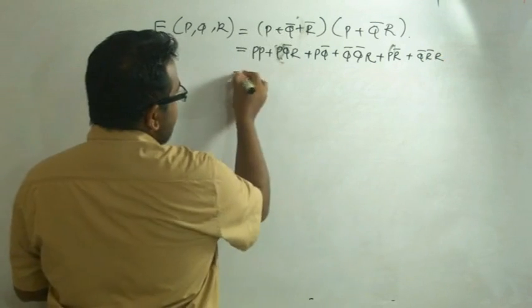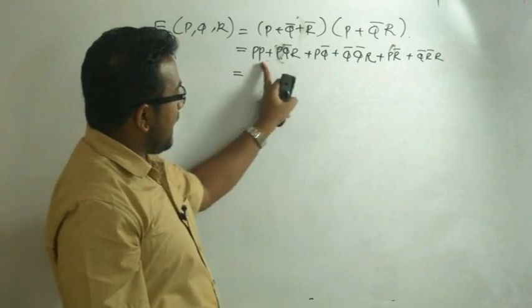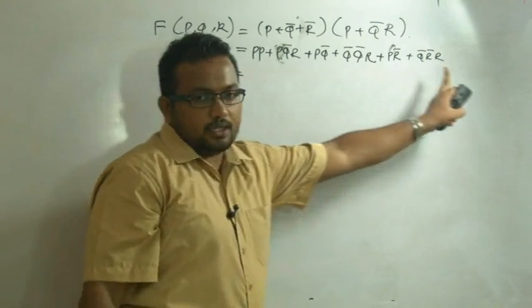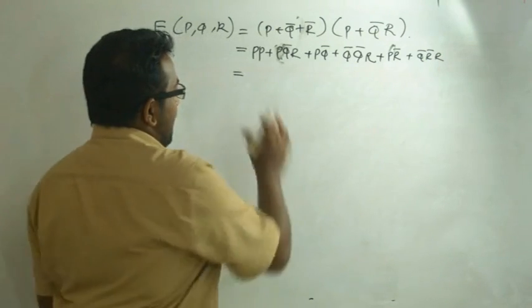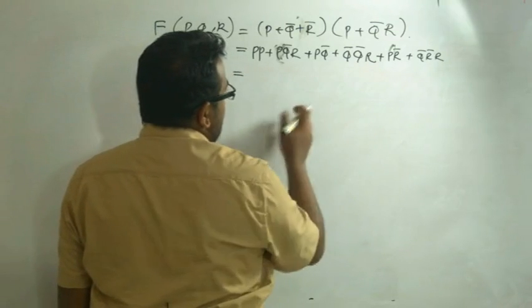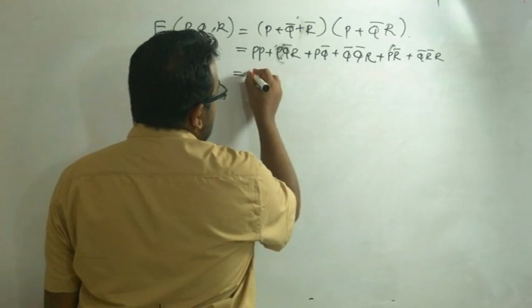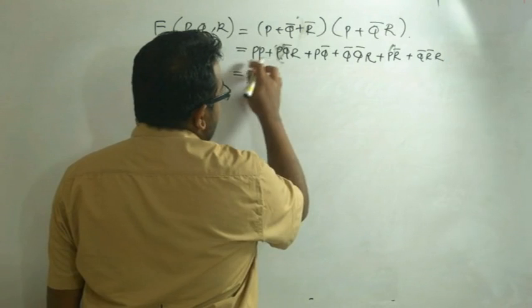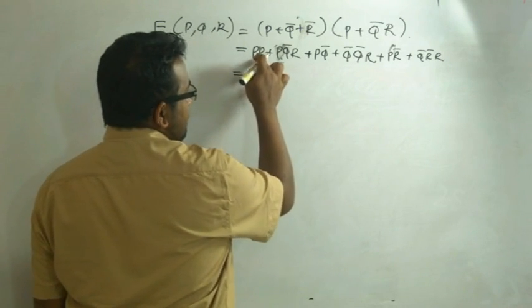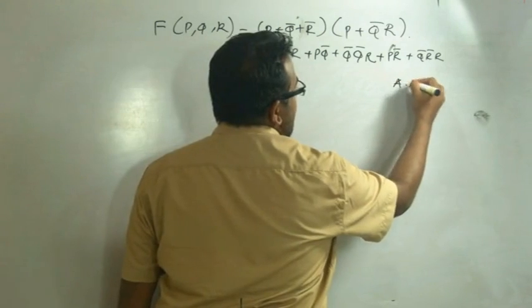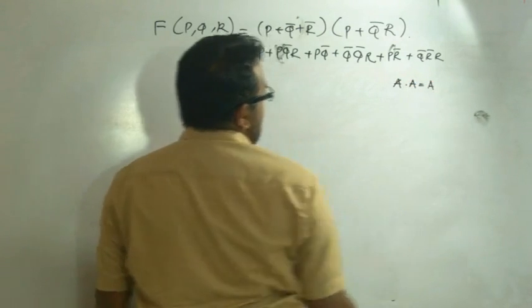And here you can see now we have 6 separate parts. Now I can see clearly there is no point having a p dot p, this is a product, because a into a equals a.